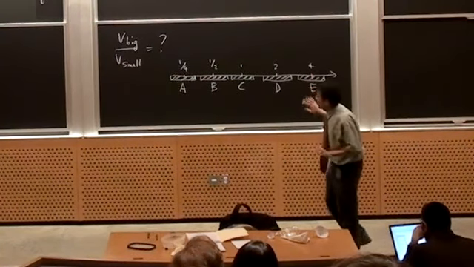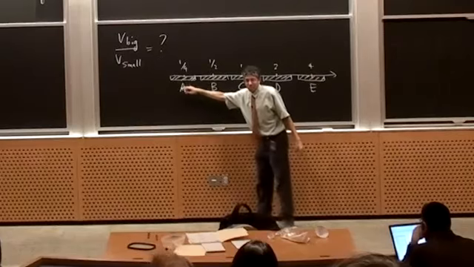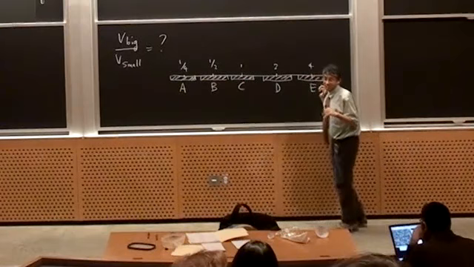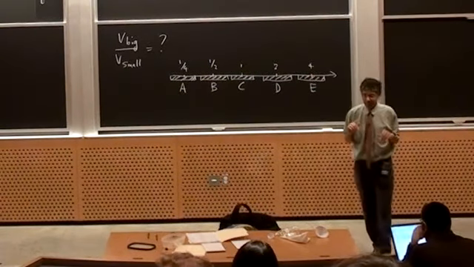Okay, so think to yourself for about 30 seconds or so, just to induct yourself into the problem, and then we'll take a vote. And then you'll have a chance to discuss it with each other.